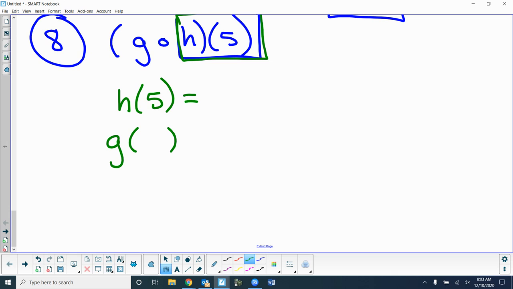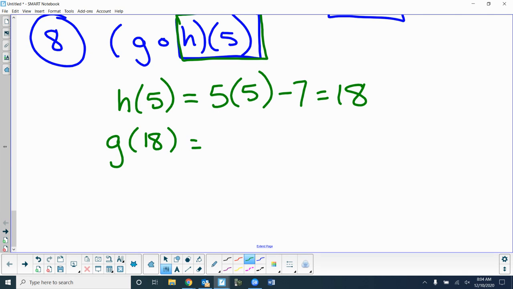So h again was 5 times x minus 7, so 5 times 5 minus 7, 25 minus 7 is 18. So then the 18 goes in there for the g. And g was 2 times x plus 6, so 2 times 18 plus 6. And 2 times 18 is 36, plus 6 would be 42.